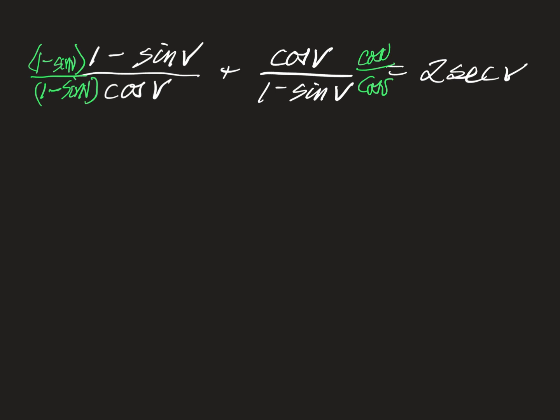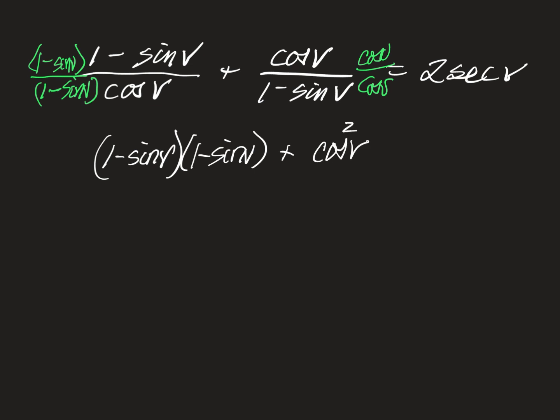So in the numerator now, here, you end up with 1 minus sine v times 1 minus sine v. Now, if you're good, you can multiply these ahead of time. If you're not, you just write it out. Plus, and then on this side, we'll have cosine v and that's cosine squared of v, all right?